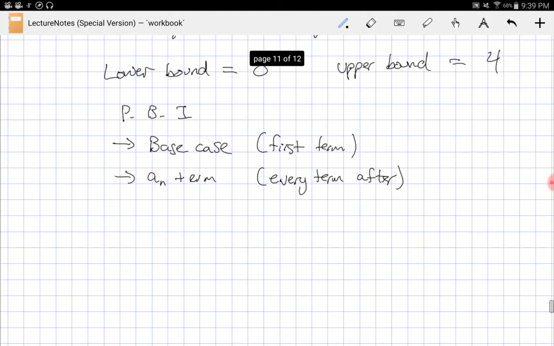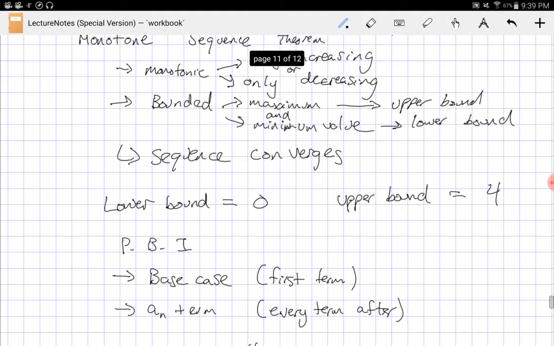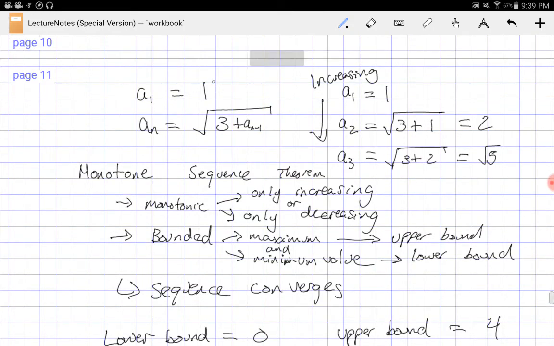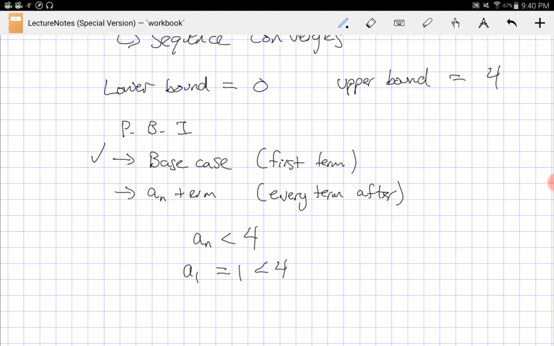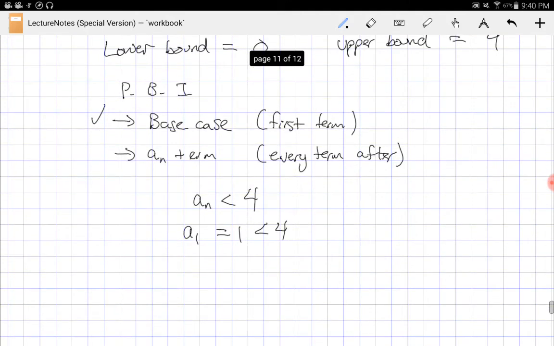So to prove that an is less than 4, because my upper bound indicates that my an terms shouldn't exceed it, I'm going to prove the base case. The base case is just a1. a1 is equal to 1, as we remember from the beginning. 1 is less than 4. So I've proven the base case for an less than 4.